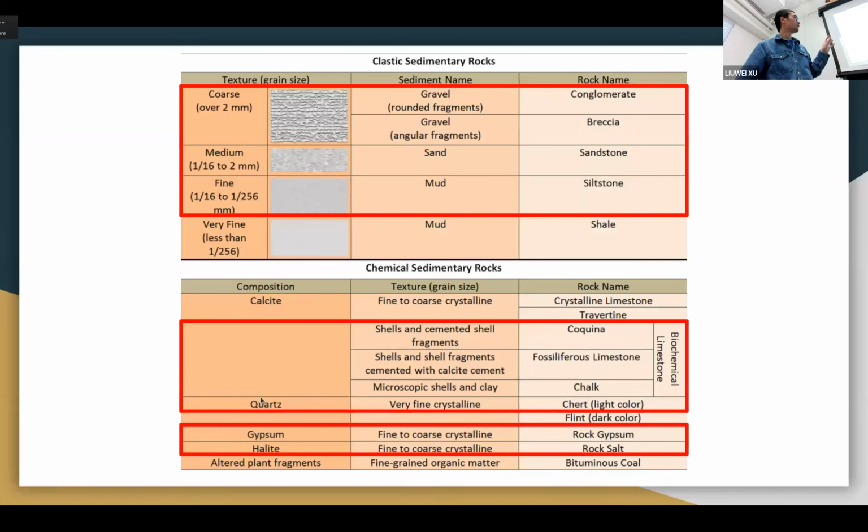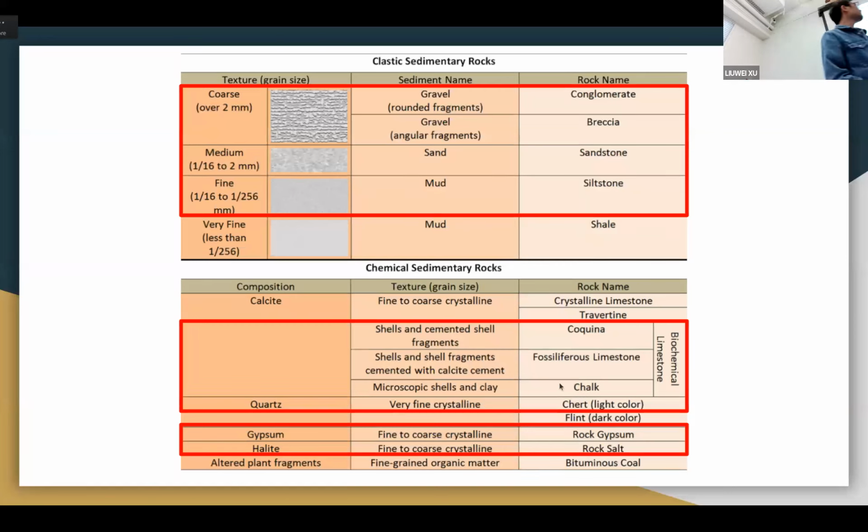If its appearance looks like quartz, like a glass, then it's actually the chert. If the rock's appearance is white, and if you scratch it with your fingernail and you can see some white powder left on your finger, this rock we call the chalk.